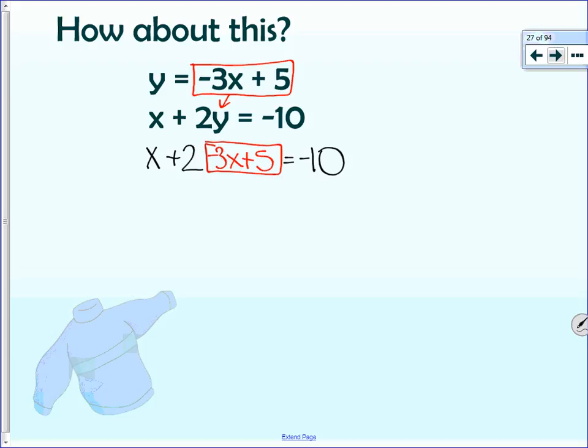Now that box is just like a parentheses, so I'm going to distribute. So I get negative 6x plus 10. I'll combine like terms. One x plus negative 6x is negative 5x.